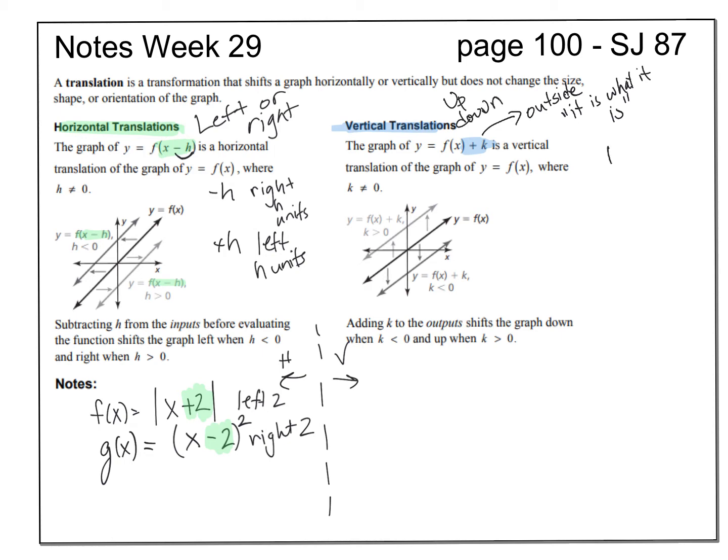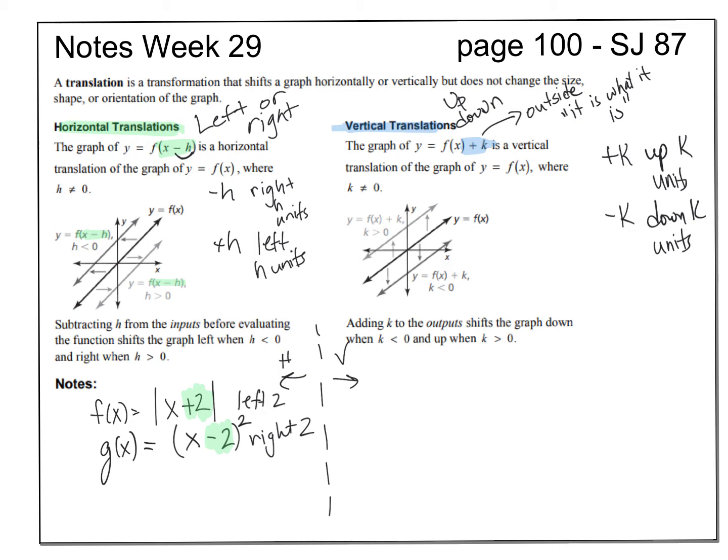If you have plus K, that's up K units. If you have minus K, that's down K units. So those are vertical translations, up or down. So let me show you some examples.